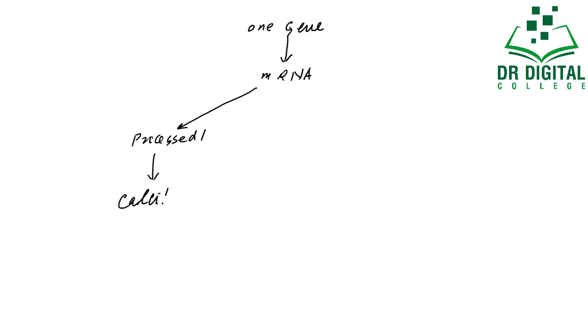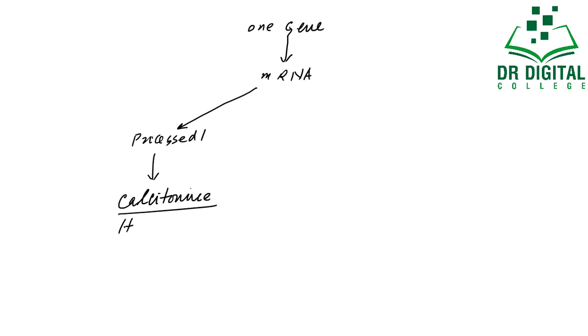Now if this is here one gene and it has formed one mRNA, and this one mRNA is spliced or processed one way and it has formed calcitonin.